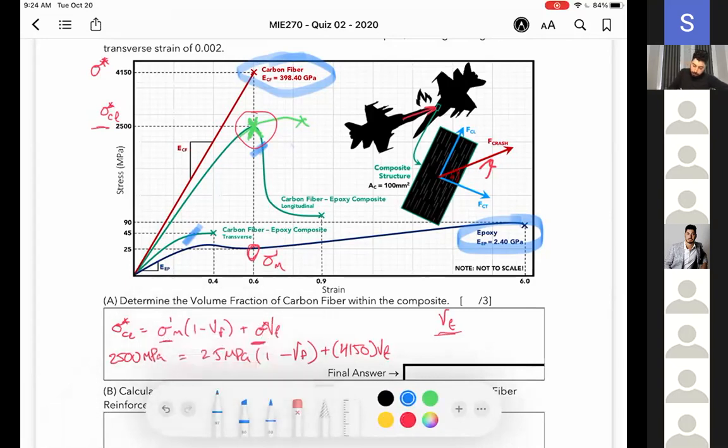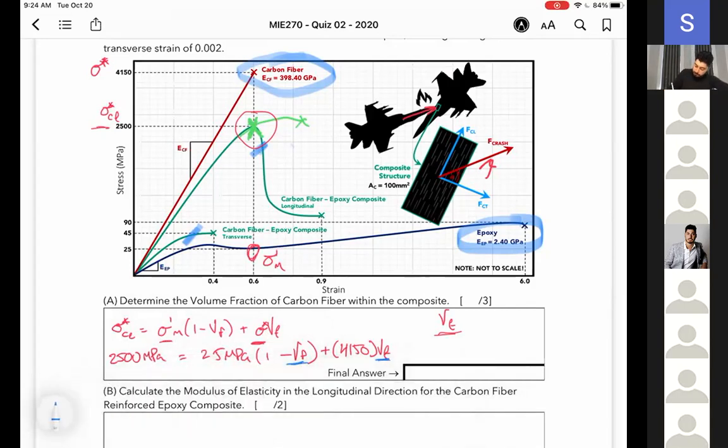So now the only thing we're solving for is VF, right? Can you plug that in your calculator and let me know what you get for VF? 0.6, that is correct. So the volume fraction of our fibers is equal to 0.6.